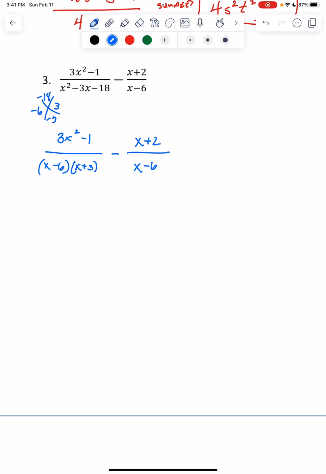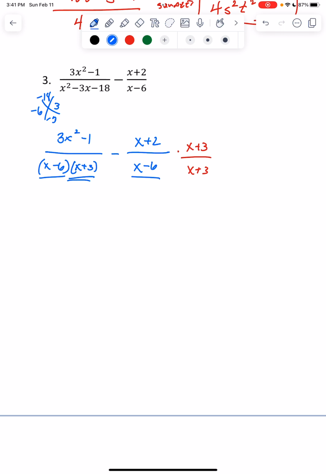So if we look in the denominator of the first one, we've got an x plus 6, and then an x plus 6 in the second one. But we've got an x plus 3 here, but there's no x plus 3 over here. So we've got to multiply this one by x plus 3. Okay?